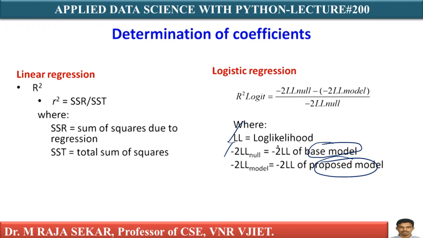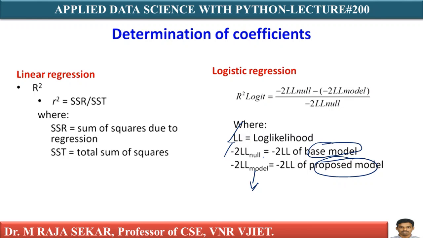When you bring a new independent variable into a logistic regression model, the corresponding log likelihood value is known as the proposed model. This is the comparison between linear regression and logistic regression, isn't it?